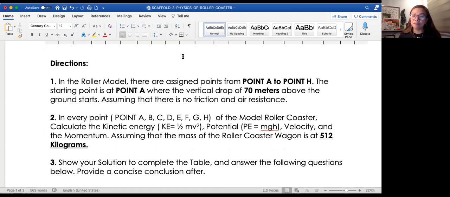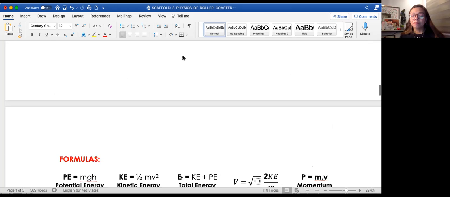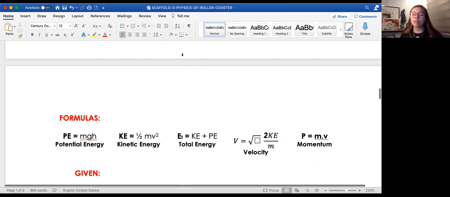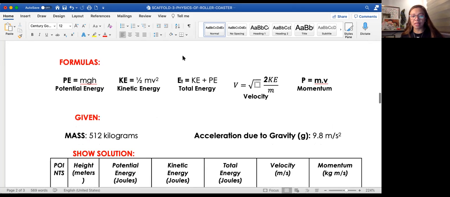Assume that the mass of the roller coaster wagon is 512 kilograms. The formulas are also presented in the file. Just use this as your guide. So, given, we have this.